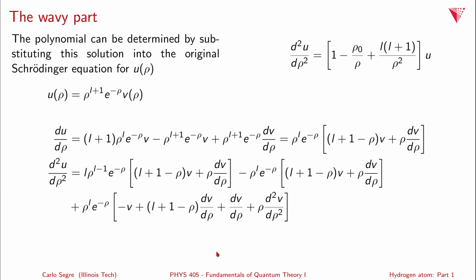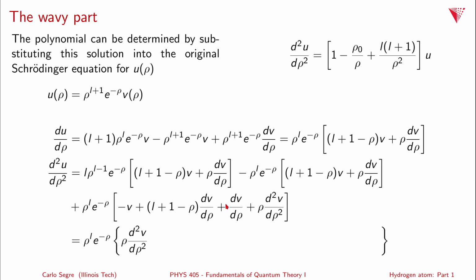Now, these terms can all be put together with a common term factored out in front. That is, we're going to factor out rho to the L e to the minus rho for all these terms. The last two terms have these two factors in front. This one in the front has an L and a rho to the L minus 1. So what we need to do is put an additional rho here, and divide by rho in here. When we do that, we get rho to the L e to the minus rho.